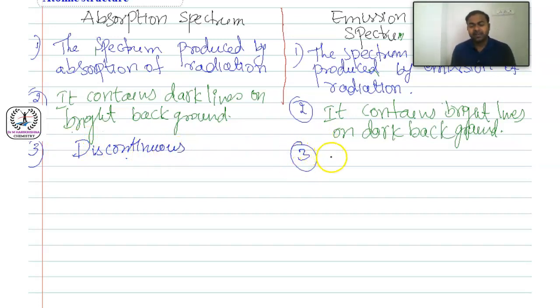In this case, emission spectrum, it may be continuous. There is no clarity about emission spectrum, because many divisions are there in emission spectrum. That's why we cannot say whether it is discontinuous or continuous. Simply, it may be discontinuous.